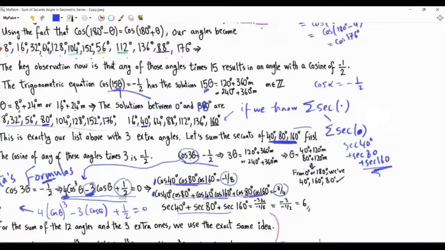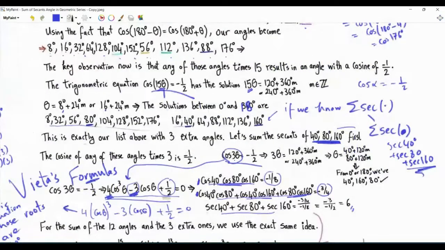Using the exact same method, we can obtain the sum of sec 8 plus sec 32 plus sec 56 and so on. And if we obtain that sum, then we subtract 6, and then we have our desired result. Here, for those angles, we will use an idea that is very similar to what we have here.